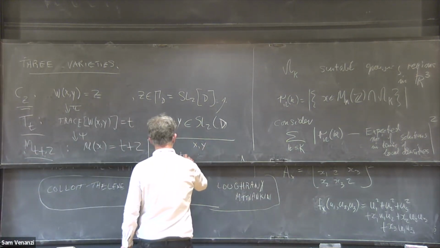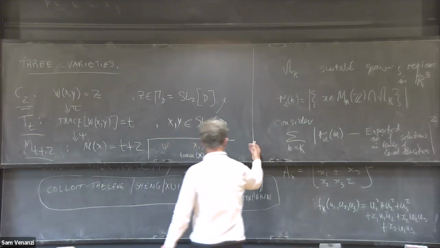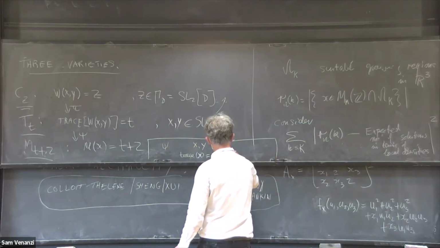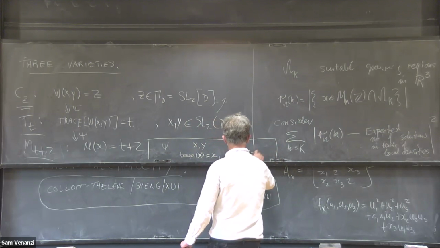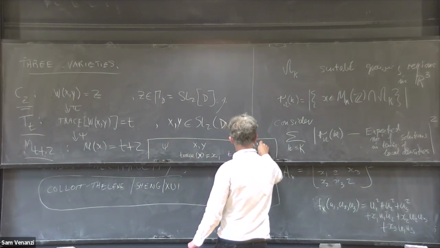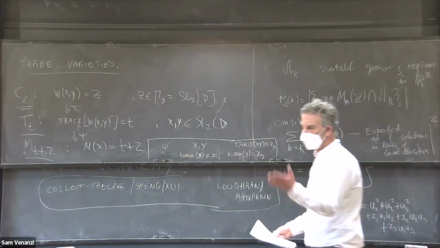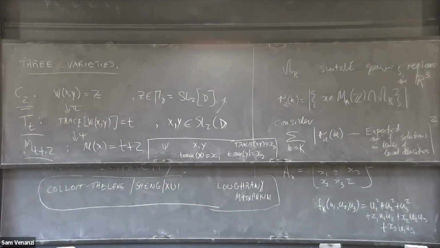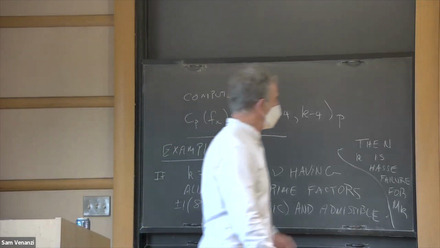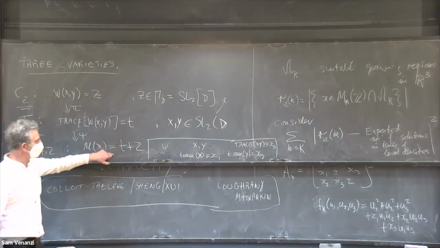Then if you take the trace of x, that's one; the trace of y is 2; the trace of xy is 3. And you can verify in 2 by 2 matrices, using Cayley-Hamilton, that's an easy exercise, that then the Markoff equation m of x equals t plus 2. So if I have a solution here, then I get a solution here, if I have a solution here with the parameters as such.